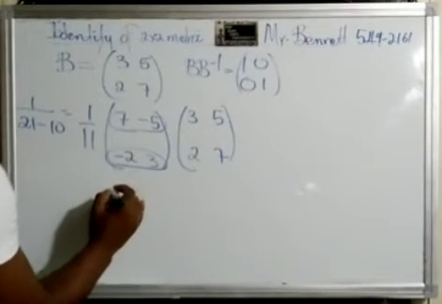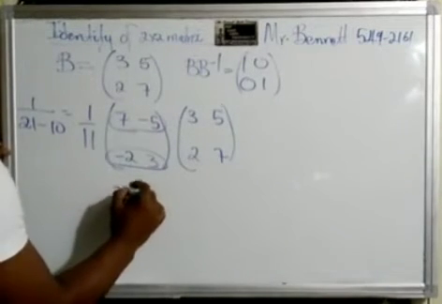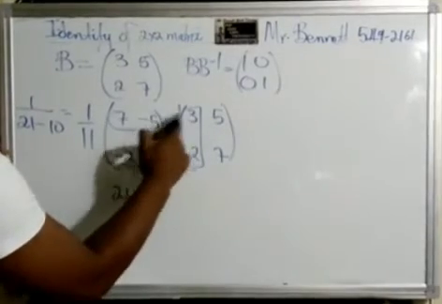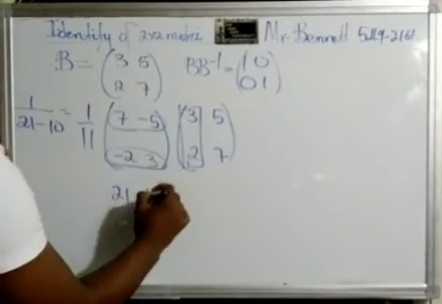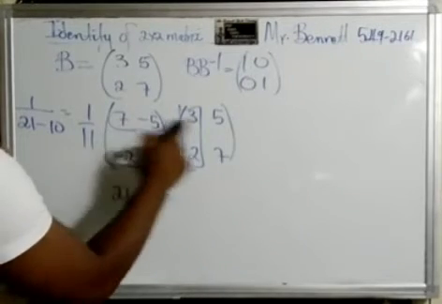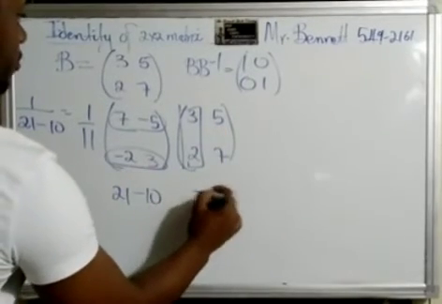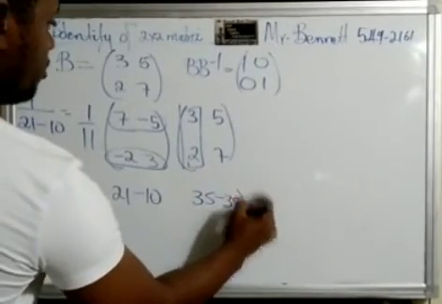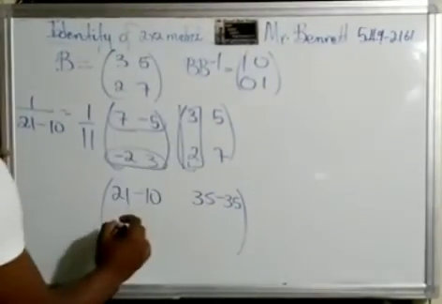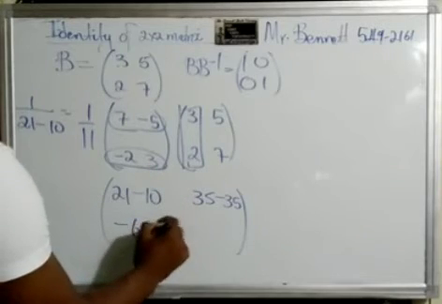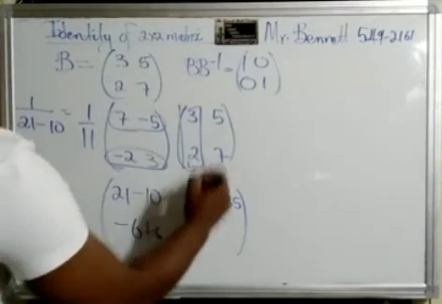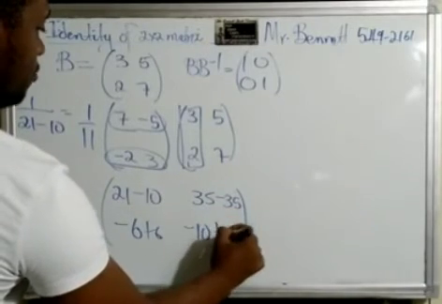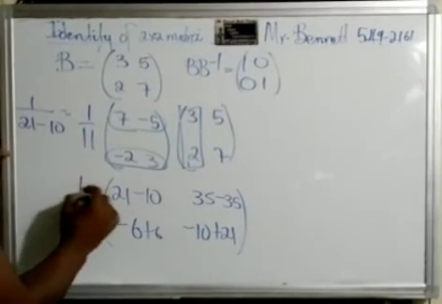So it's 7 threes are 21, row times this column, negative 5 times 2 will be negative 10, 7 times 5 will be 35, negative 5 times 7 will be negative 35, negative 2 times 3 will be negative 6, 3 twos are 6, negative 2 times 5 will be negative 10, 3 times 7 is 21.